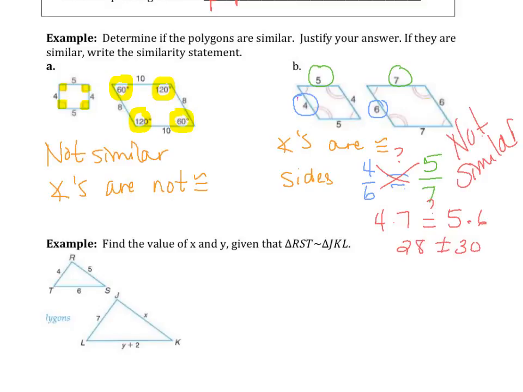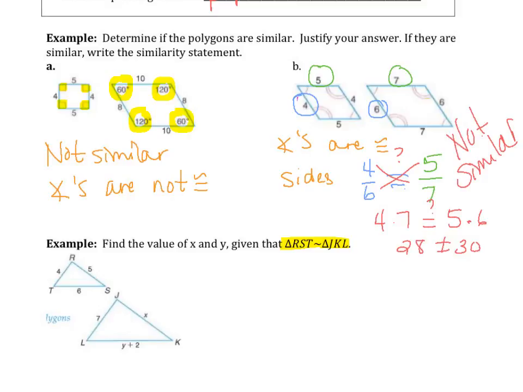All right, moving down here to the next example, I'm going to find the value of x given my similarity statement here. My similarity statement right here, triangle RST is similar to triangle JKL. So again, just like in congruent triangles, that order matters. So as I'm looking to find my values for x's and y's, I need to set up my proportions because I know that they're similar.